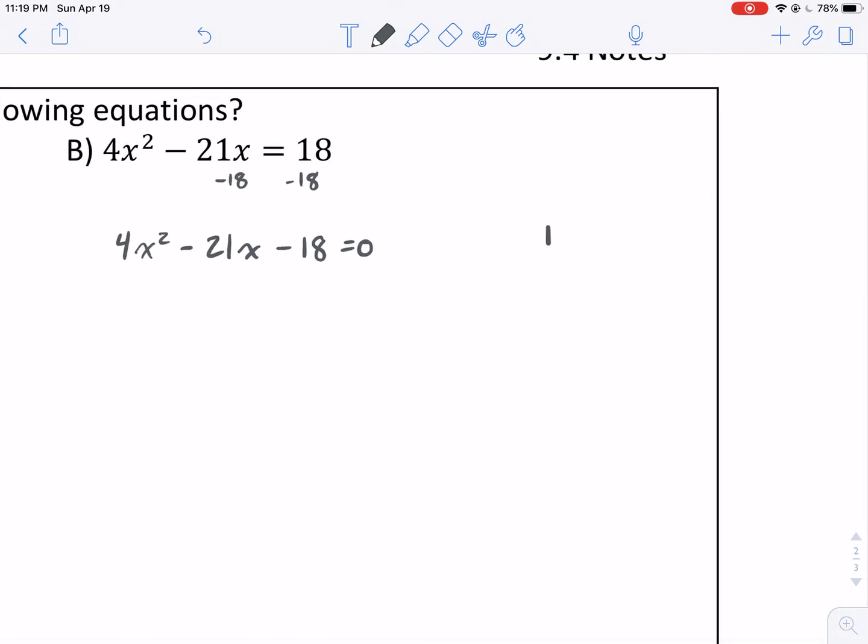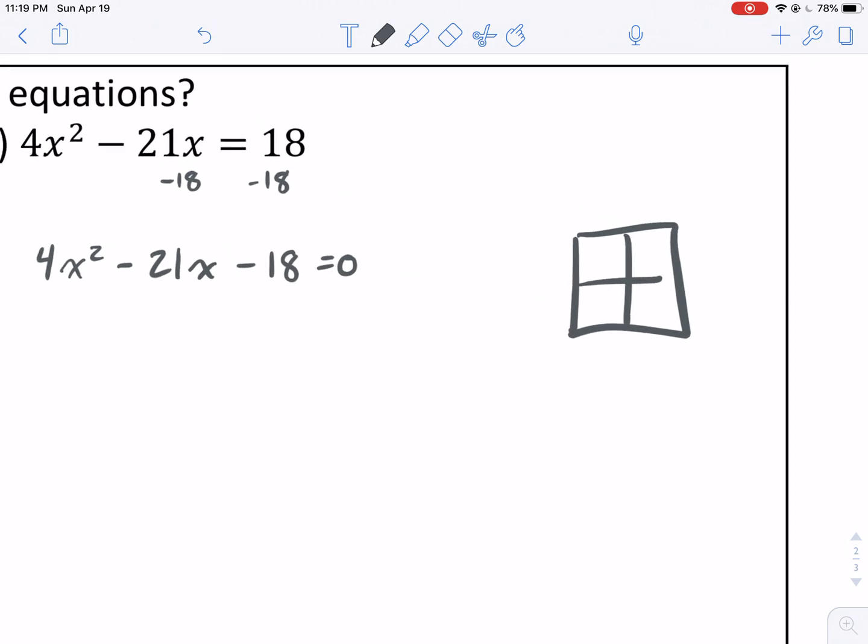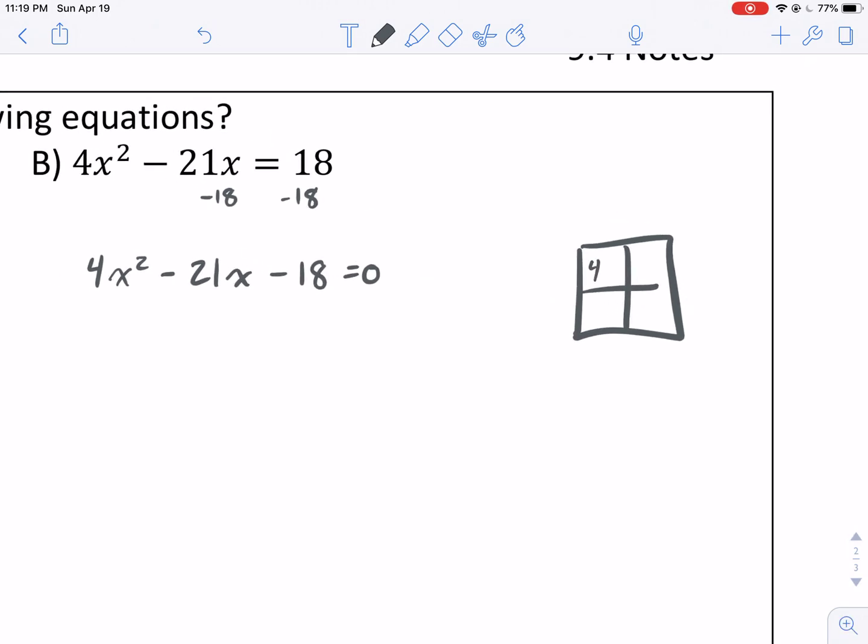I like to factor using the square thing. So here we go. We want something that multiplies to 4x squared, and something that multiplies to negative 18. Let's try 4 and 1, and 3 and negative 6. Will that work? Got negative 24x.